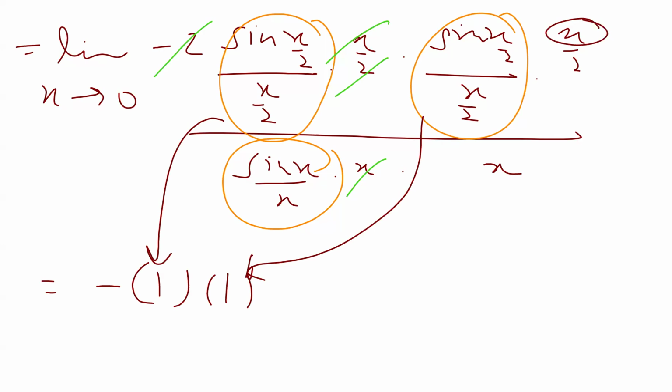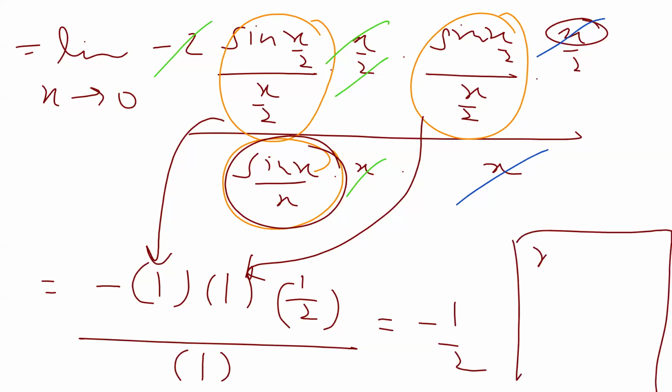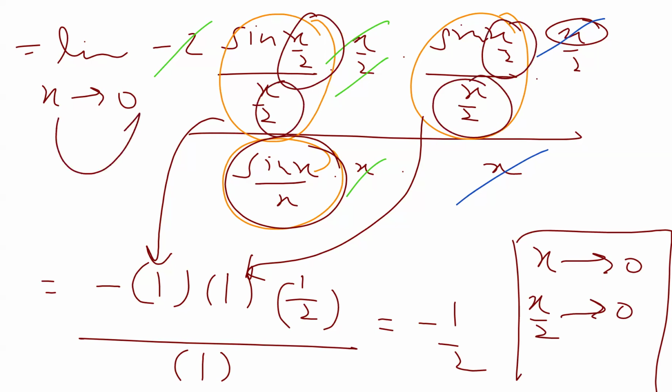Now this x can also get cancelled with the x which is down. This x and this x is gone. So we are left with half over there, and down, this is 1. So the answer is minus half. As x approaches 0, x by 2 also approaches 0, because we are applying the formula for x by 2 also. And this has to be 0.